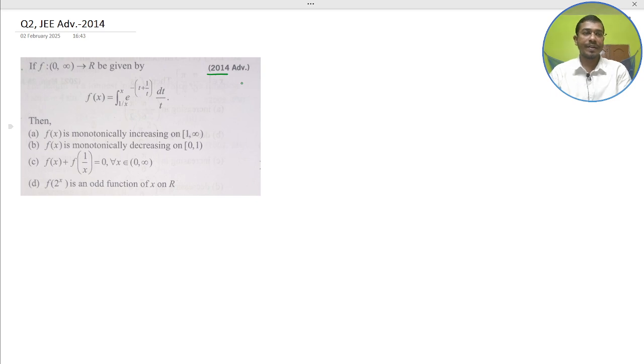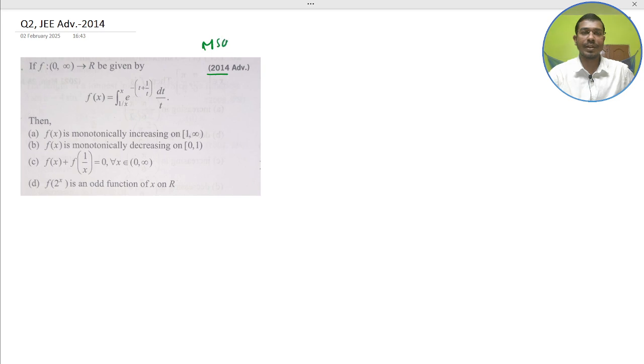It says: if f from 0 to infinity to R is given by f of x equals the integration from 1 by x to x of exponential minus t plus 1 by t, divided by t, dt. Then f of x is monotonically increasing on 1 to infinity, monotonically decreasing on 0 to 1, f of x plus f of 1 by x equals 0 for all x belonging to 0 to infinity, and f of 2 to the power x is an odd function of x on R. This is an MSQ type question.